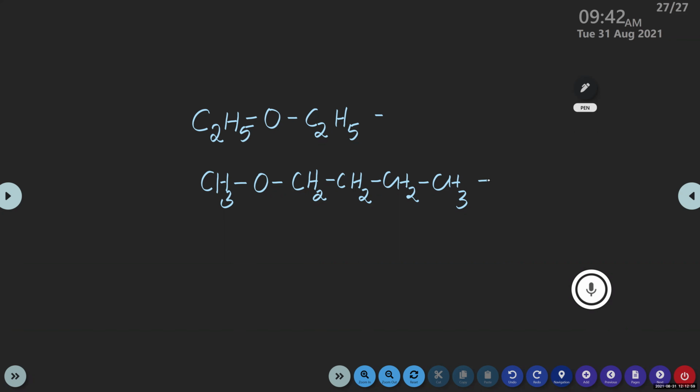Ma'am, in IUPAC, what will we do if both are the same? You can write the same terms before and after oxy. The alkyl group and the parent chain are both considered with the same names.